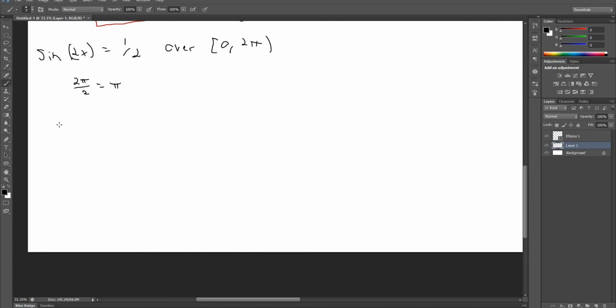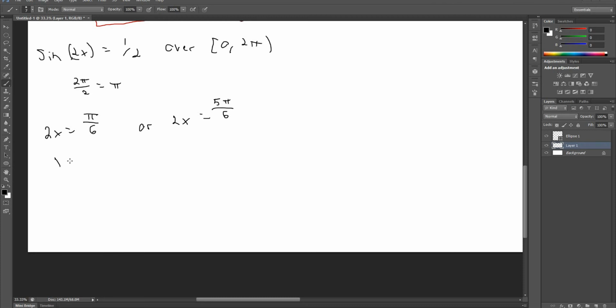So for sine of x, usually we have half at pi over 6, or, well, we need quadrant 2, this would be 5 pi over 6. This is one we actually did earlier before.